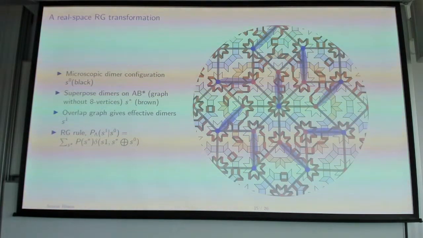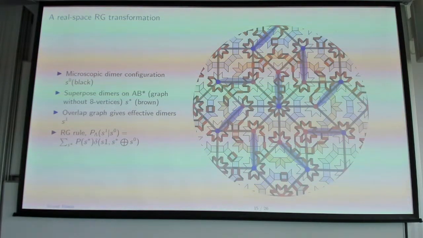So the RG transformation I will define is defined probabilistically, where I sum over all possible brown dimer configurations like this. So the RG rule says, every time I have a microscopic dimer configuration S0, I sample using Monte Carlo the brown dimer configuration from the auxiliary graph without the 8 vertices, and then from the overlap graph, I construct the effective dimer configuration, which is the blue dimer. So this is my RG transformation.